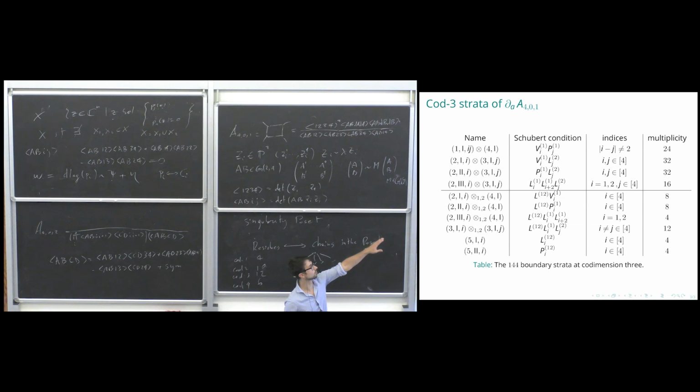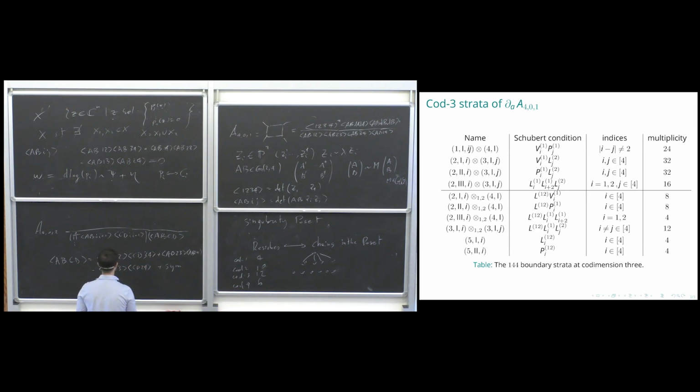The first group are just boundaries that are all present in the one-loop times one-loop amplitude stratification. So these are all boundaries that you can know from the one-loop analysis will be there.